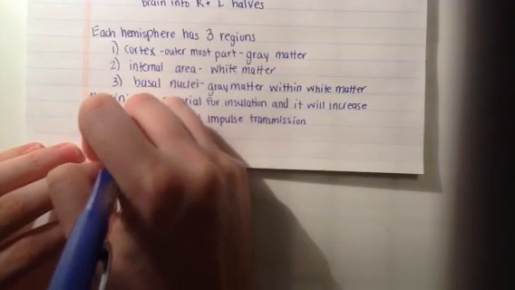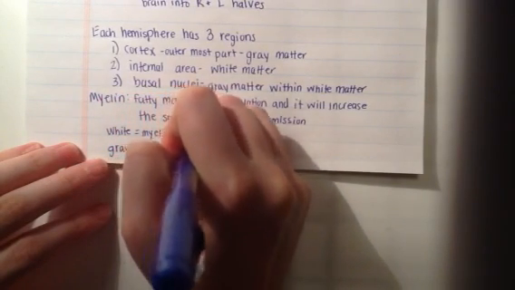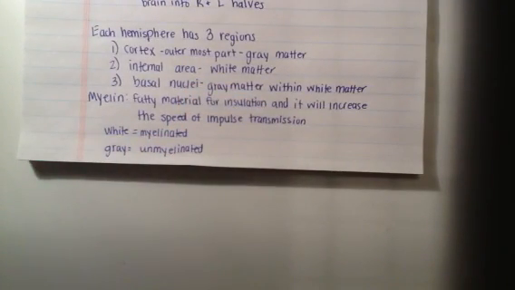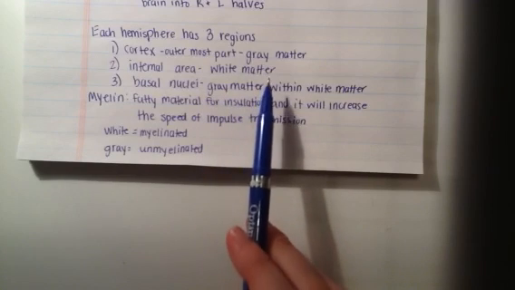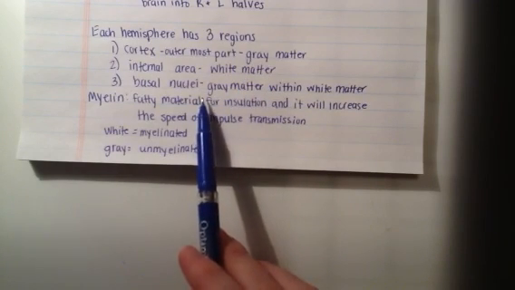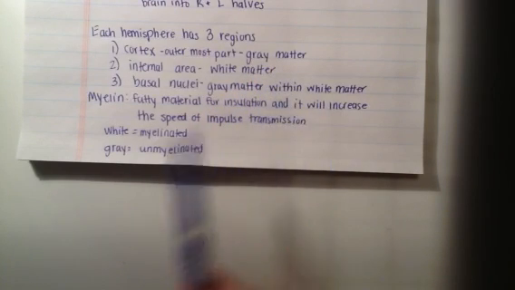In general, white matter is myelinated and gray matter is unmyelinated. That's just generally speaking. So the cortex is not myelinated. The internal area of the brain is. And then the basal nuclei, which is just regions of that gray matter that extend into the white matter. White's myelinated, gray's unmyelinated.